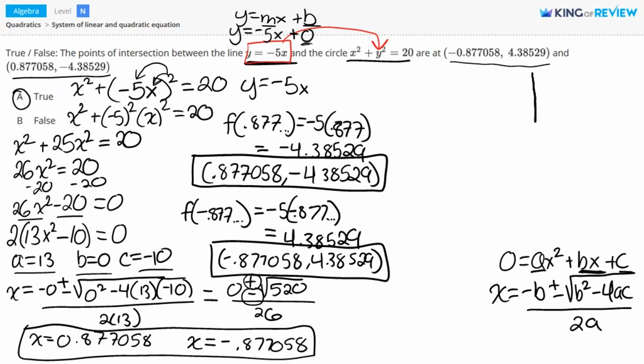So how would we plot this? Here's our x-axis and our y-axis.